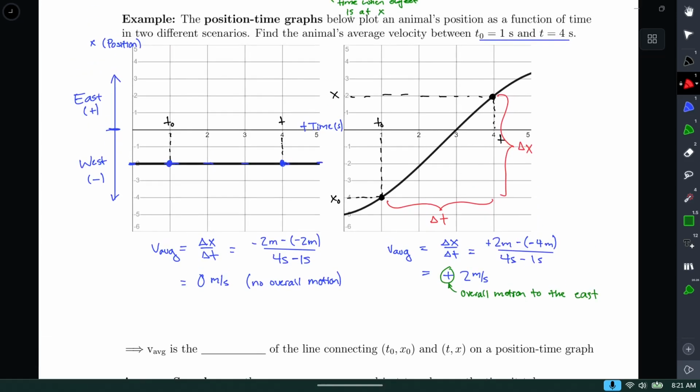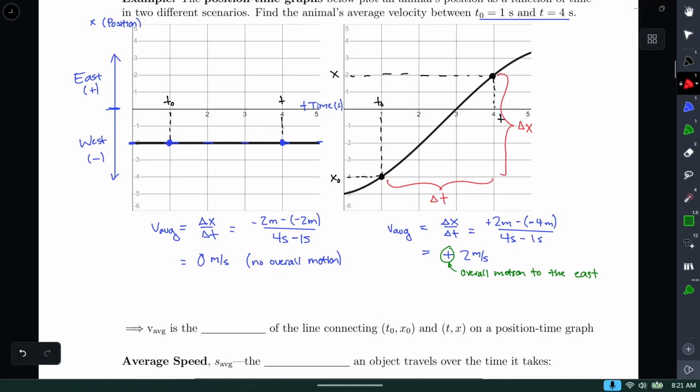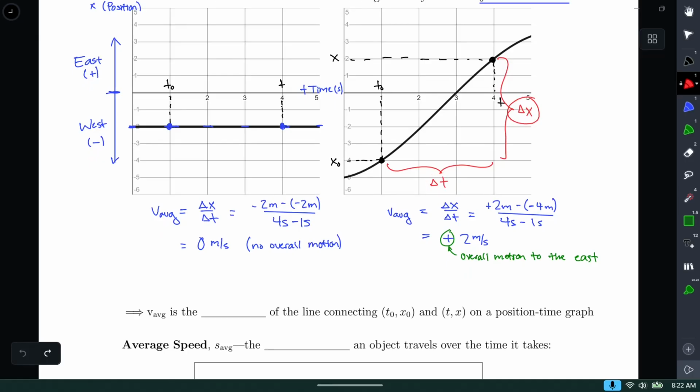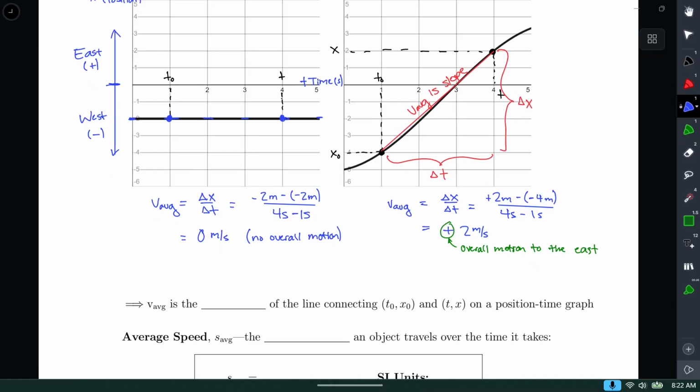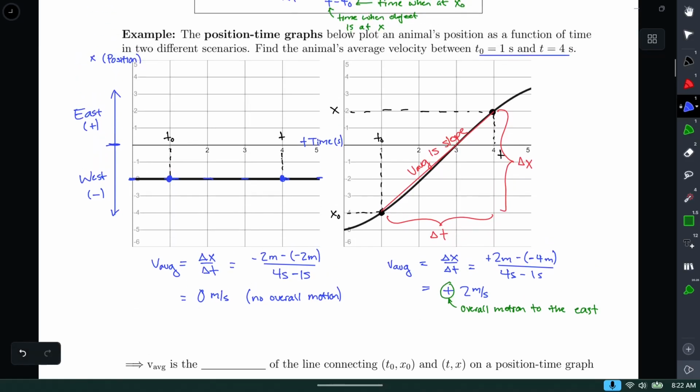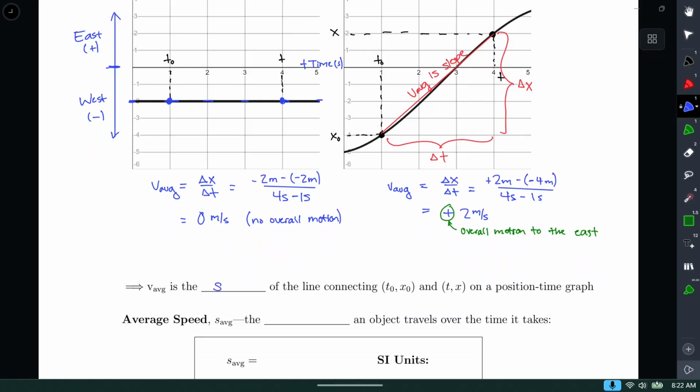So what did I actually find about this graph? The slope. Yeah, I calculated the rise, delta x, over the run, delta t. So I found the slope between those 2 points. And that slope is my average velocity. That's always going to be true.